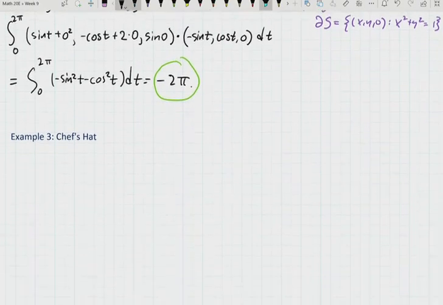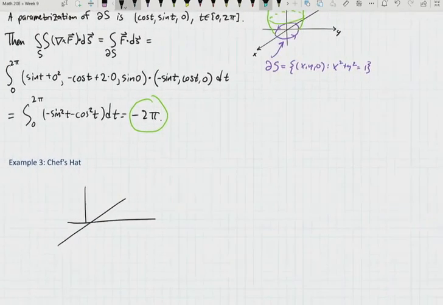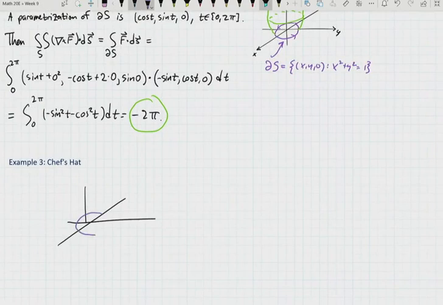Okay. Finally, how about this one? Let's use the same path, the same unit circle in the xy plane, and let's use the same F as before. But for my surface, let's make it like a chef's hat.